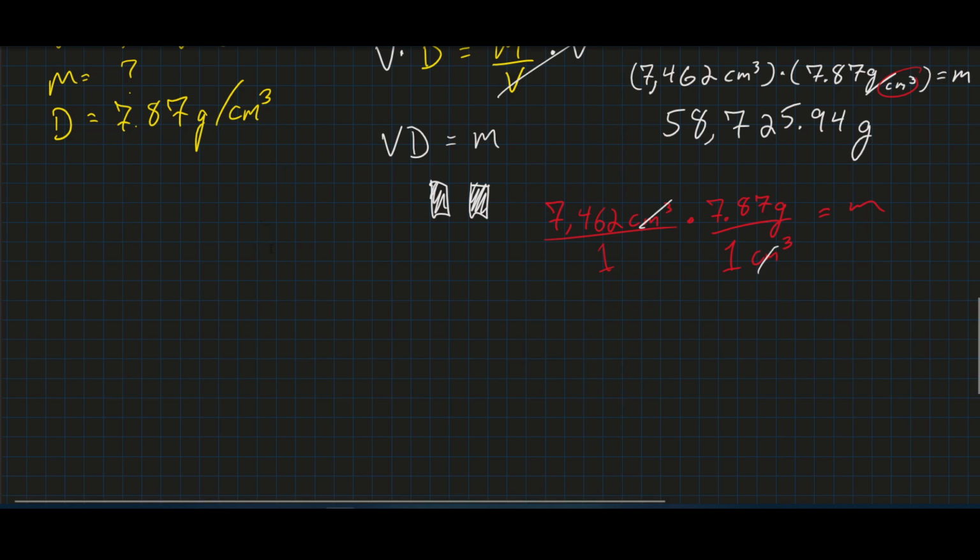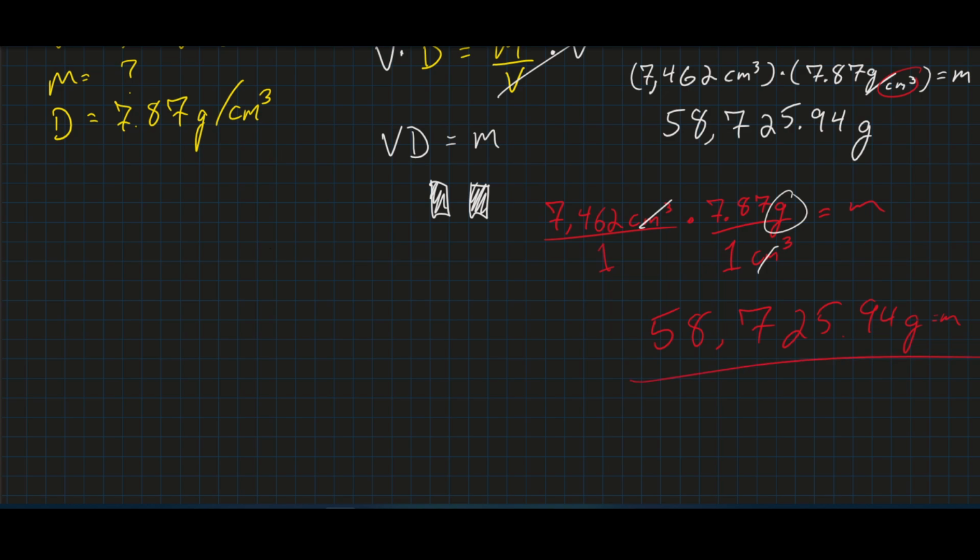Why is my mouse right in the way? That's annoying. They cancel out, leaving us with grams for our mass. So you end up with 58,725.94 grams for the mass. That's going to be a heavy block of iron. I don't care who you are.